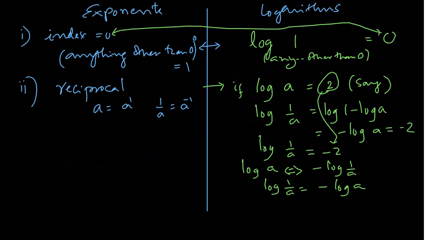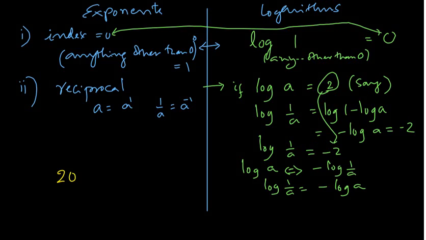Second one is also, if you want to have an example, you can go with examples here. So 1 by 20 is 20 to the power of minus 1. This fellow is not this. Okay.